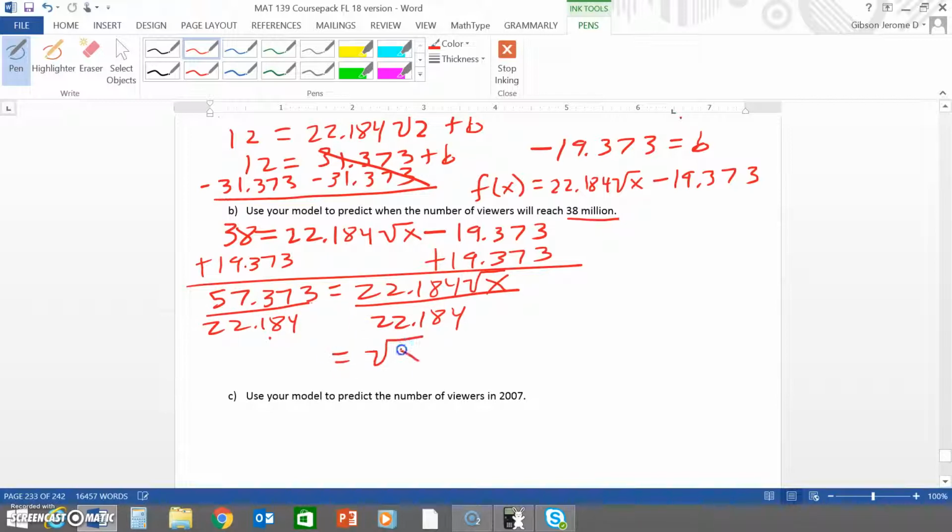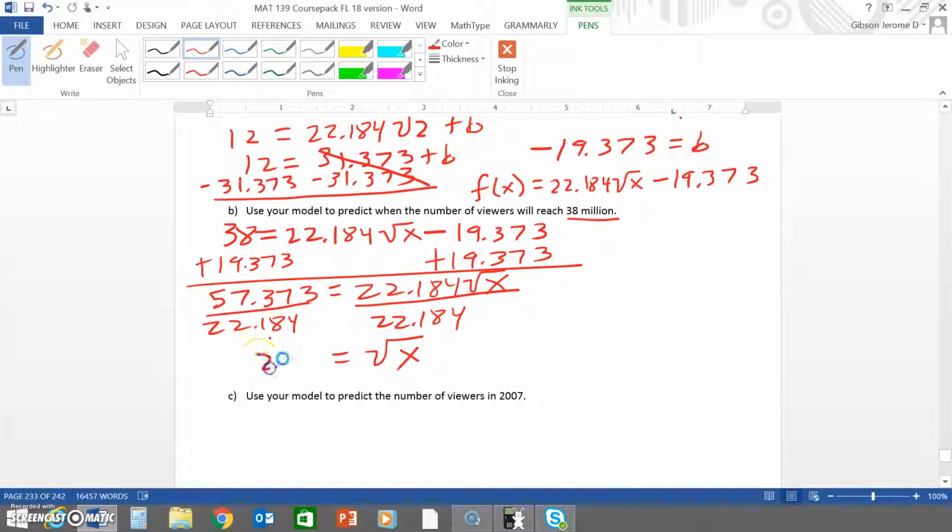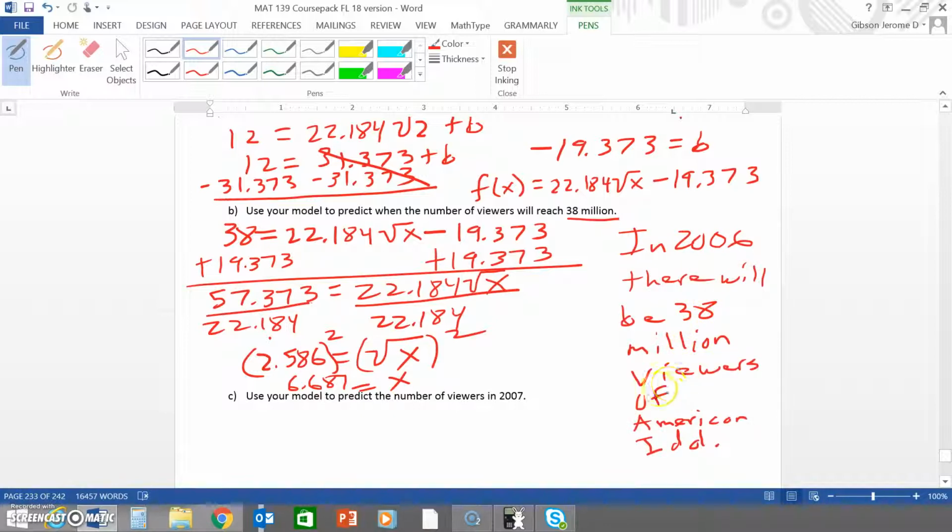After we type this in our calculator and round it to 3 decimal places, it'll be 2.586 is equal to the square root of x. Now we have to get rid of this square root on the x, so we square both sides. And our final answer will be 6.687. So that means that in 2006, there will be 38 million viewers of American Idol. And that is the final answer.